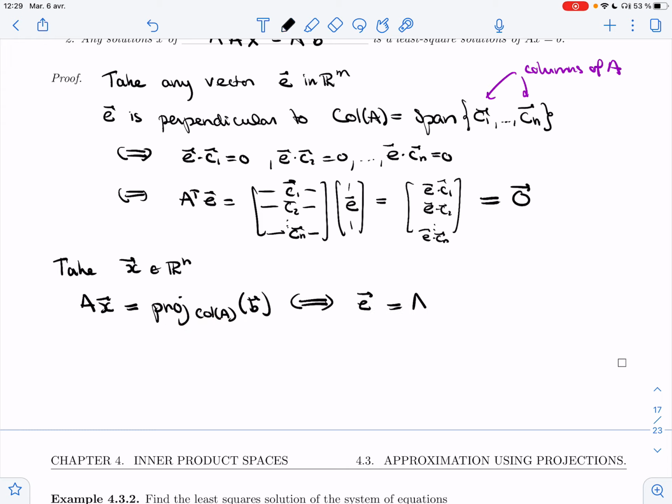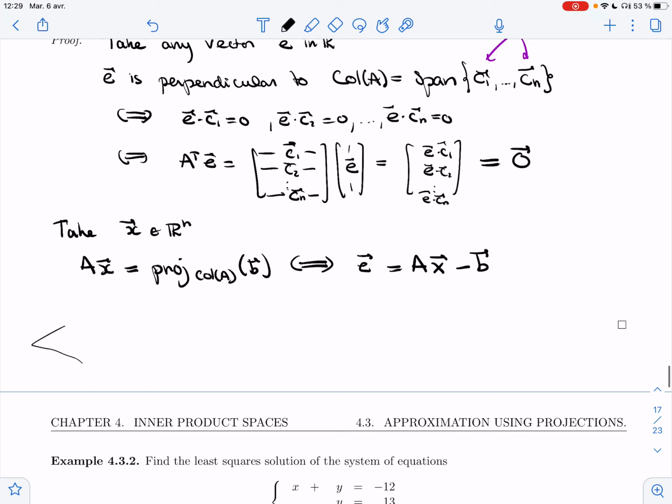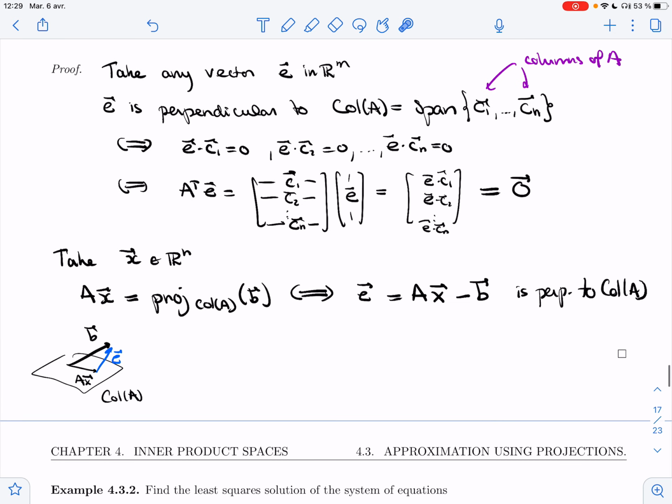So let me look at Ax minus b. Right, let me draw the picture. I have the column space of A, I have b, and I have Ax. The e vector is the vector I drew on the other one. It's this vector here. I want this to be perpendicular to the column space of A. Well, that's this condition here.